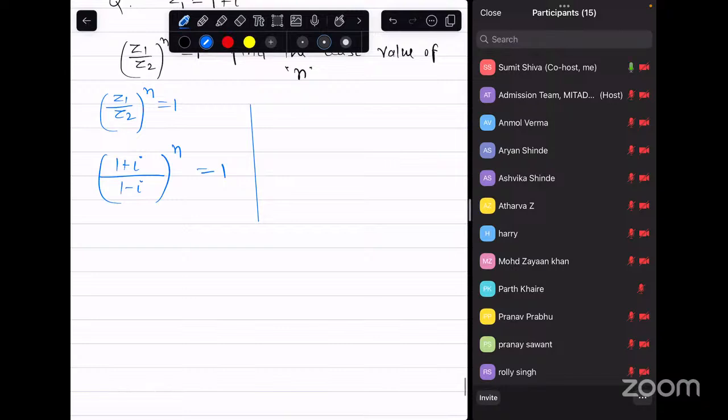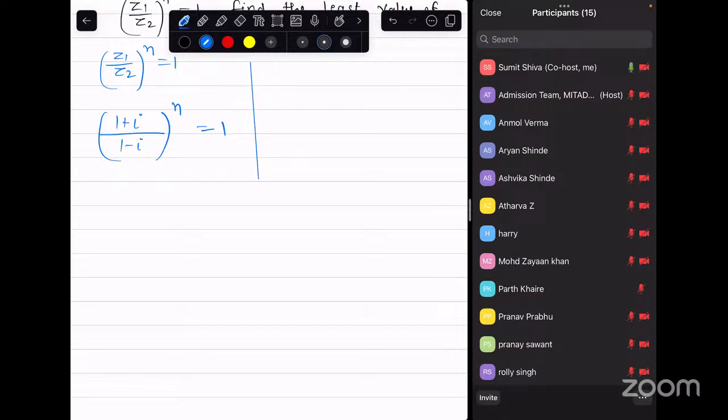I have already told you: if you rationalize it, you multiply 1 plus iota in numerator and denominator. On multiplication, 1 plus iota square will give 2 iota, upon 1 minus iota into 1 plus iota, which will give 2. Raised to power n is equal to 1. The 2 factor will cancel out, so you are left with iota raised to power n is equal to 1.